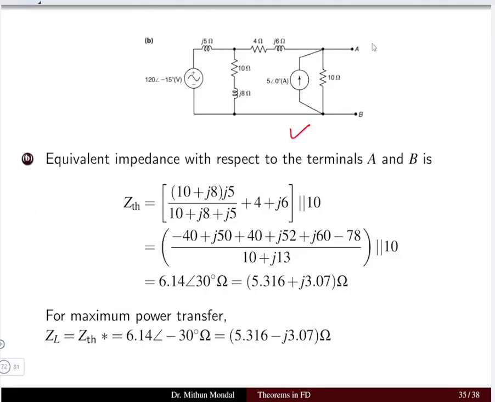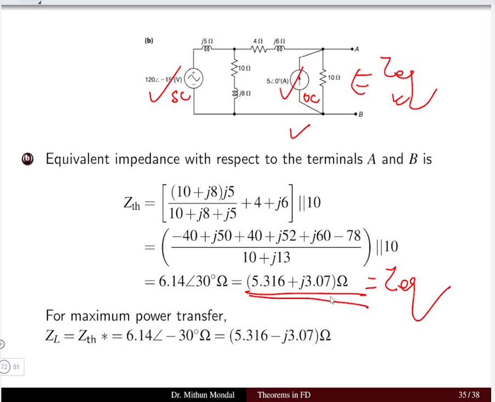Next circuit, we have to determine the Z equivalent. We have a current source and a voltage source, both independent, so we replace the current source with an open circuit and short circuit the voltage source, and then determine the Z equivalent of the network, which is equal to the Thevenin impedance.